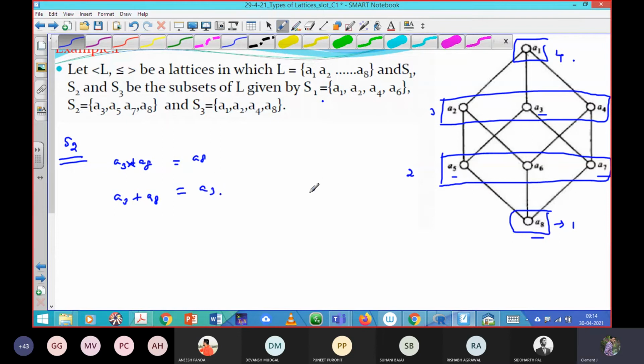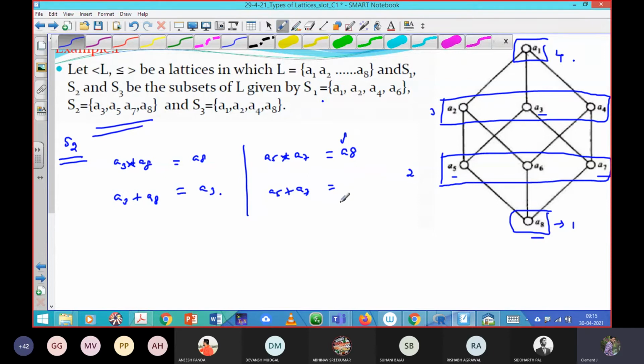Okay. So likewise, you can pick the other pairs also. Next, A5, A7: A5 star A7 and then A5 plus A7. Can you say the answer? A5 star A7 is A8. You can check A8 lies inside the set.